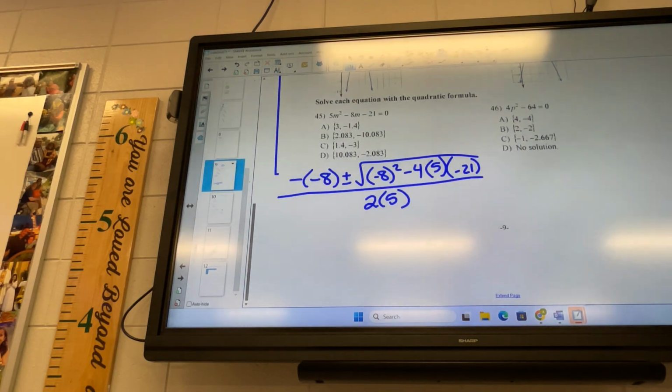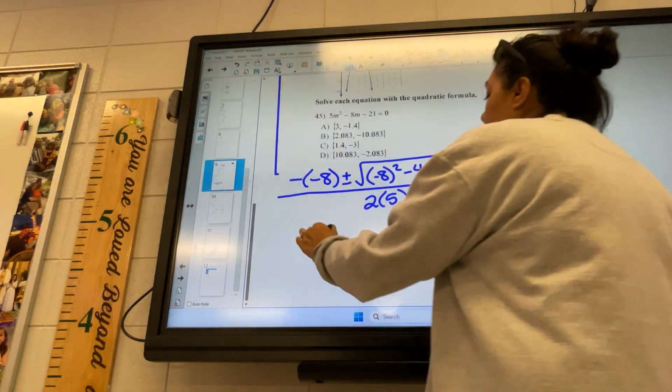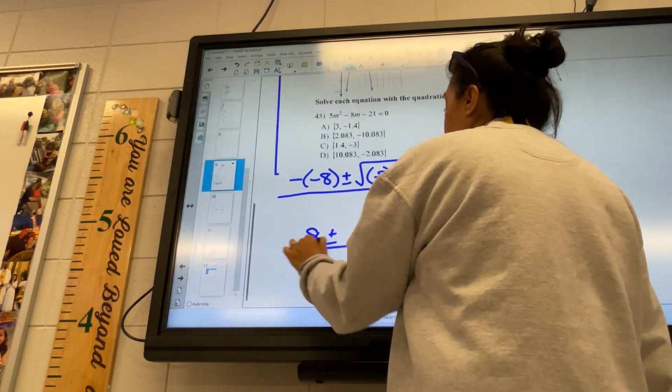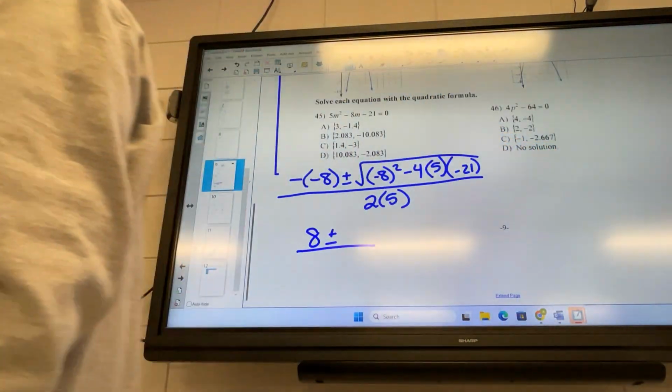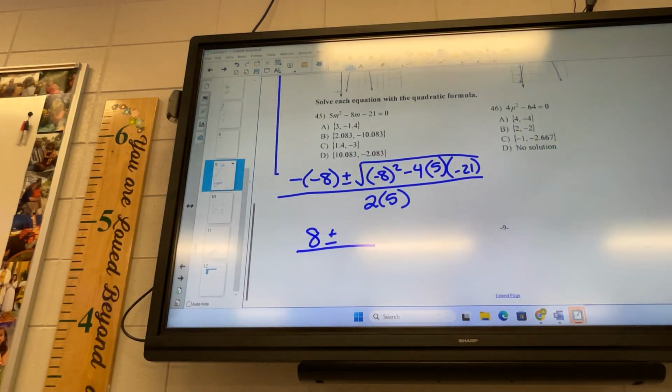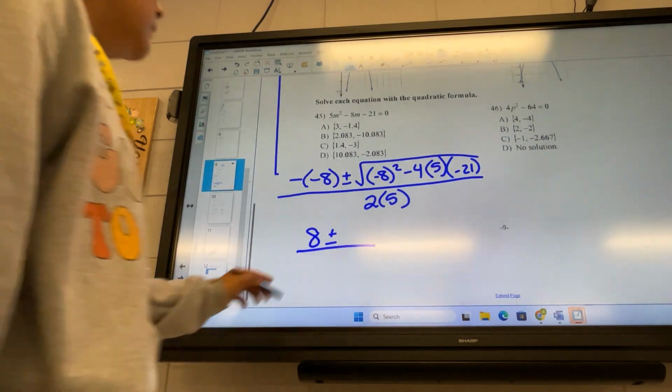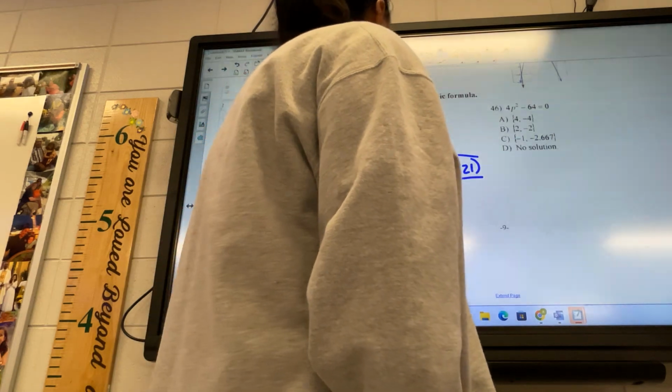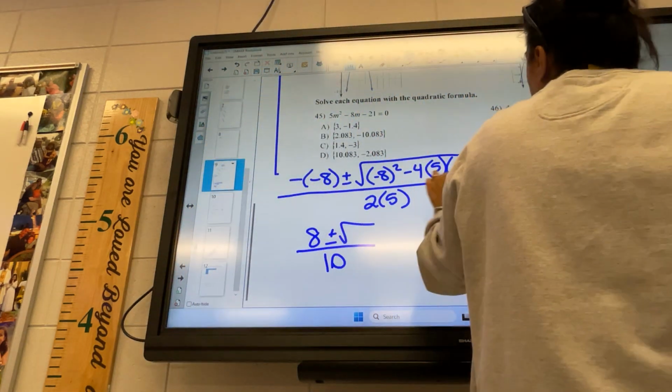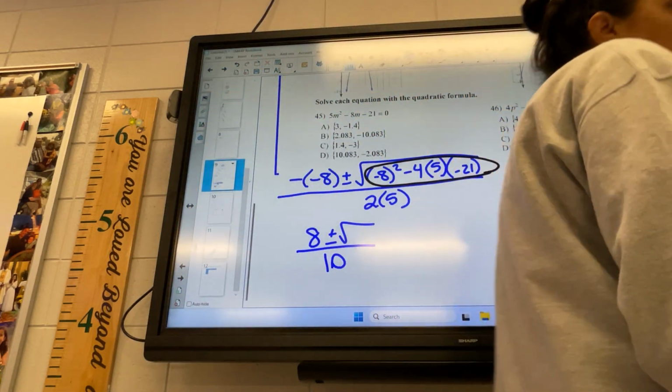Okay, for the -8, it's going to become a +8, plus or minus, what about on the bottom? What are you going to get for the bottom part? A 10. Square root, and this is where you guys come in, start typing all this with the house.